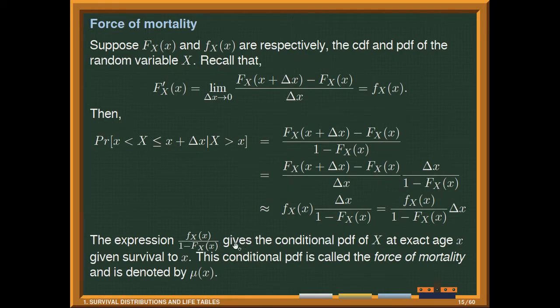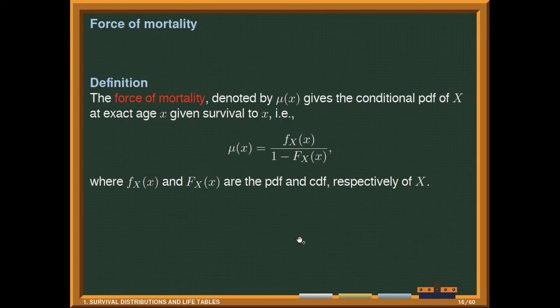This expression here gives the conditional PDF of x at exact age x given survival to age x. This conditional PDF is called the force of mortality, and this is denoted by mu of x. So the force of mortality is the conditional PDF of x at exact age x given survival to age x.